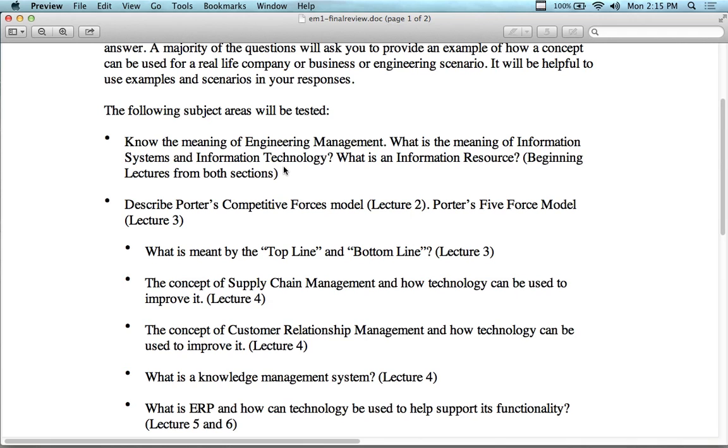It gets into knowing the meaning of engineering management, what engineering management is, what is the meaning of information systems and information systems innovation and technology, technology management, information resources, and those are like definitional questions. So this might actually be an easy one to prepare for.